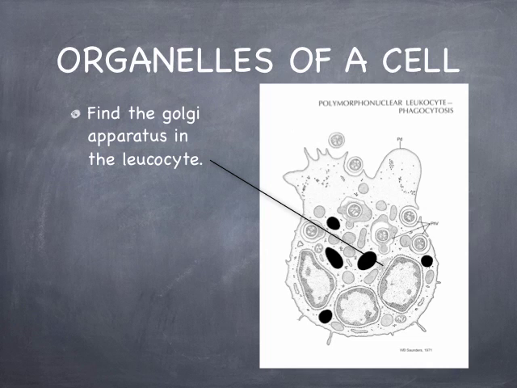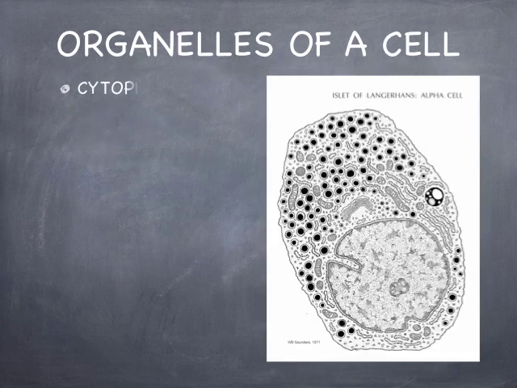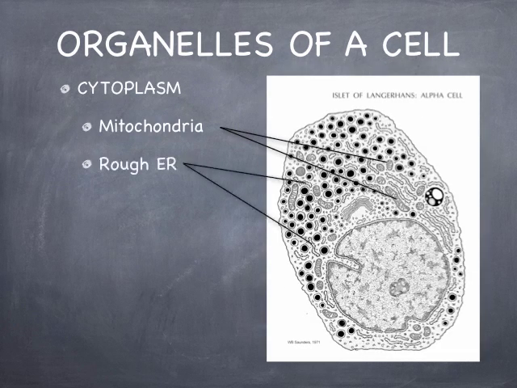Notice it's not perfect, but if you look closely, you see something looking like a short little stack, a little bit disorganized, but a short stack of what appears to be smooth endoplasmic reticulum, and you do see the little bubble-like structures there near either end. So that is the leukocyte, and that is its Golgi apparatus. All right, so that's now 5 out of 7.